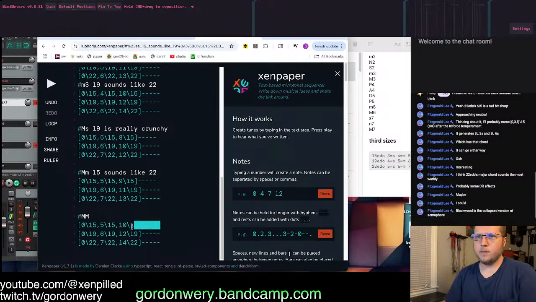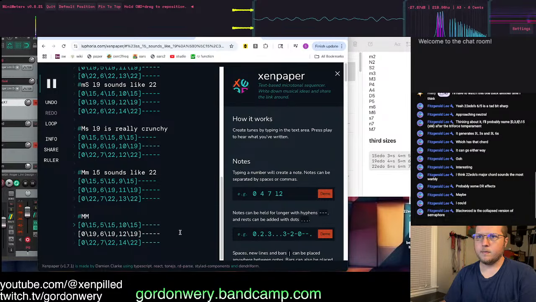So like here, 15 is obviously augmented. But then 19 and 22 sound alike, but that makes sense because they both support magic, so 19 sounds like 22. Alright.